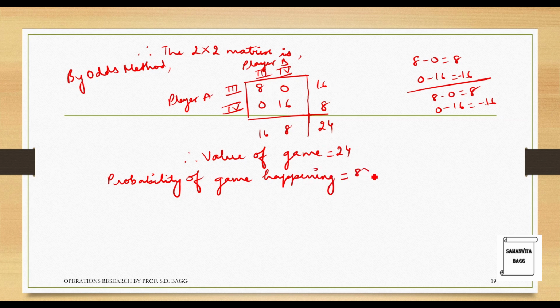The probability of game happening is 8 into 16 plus 0 into 8 divided by 24. So what remains is 8 into 16 by 24. So this is 16 by 3. So we will write down the probability of the strategies that are possible.